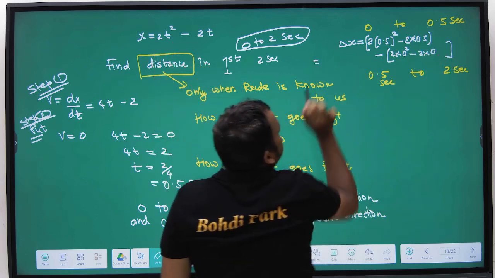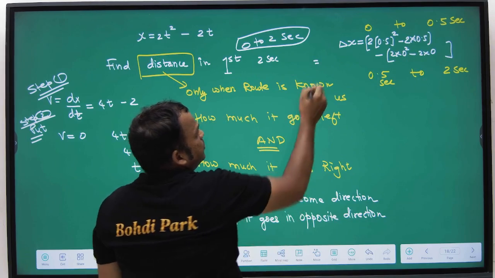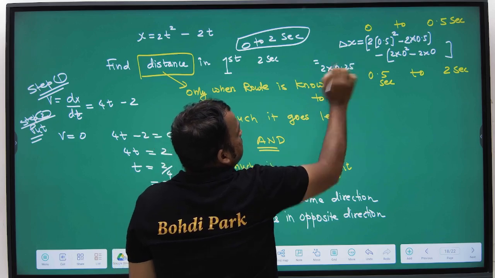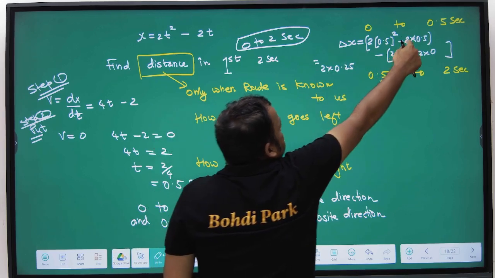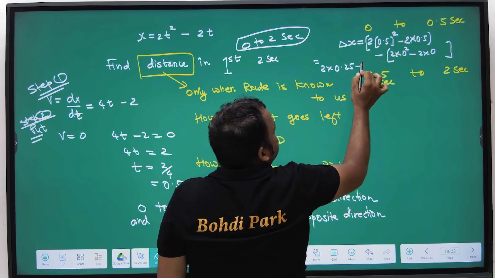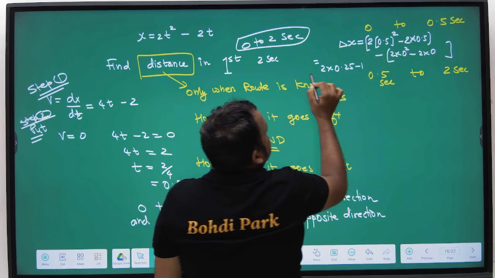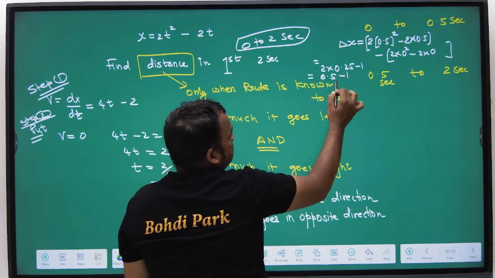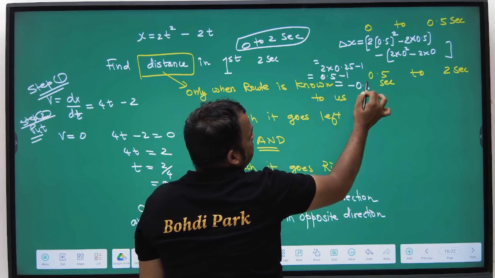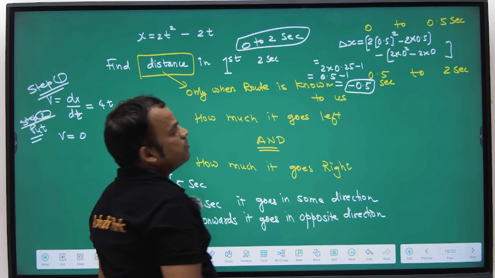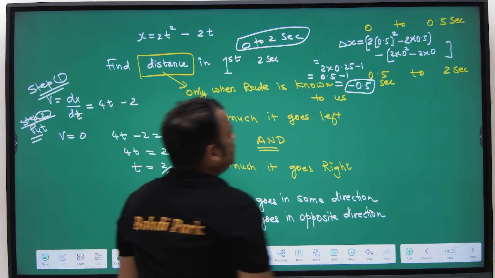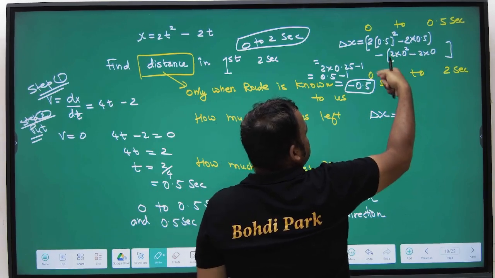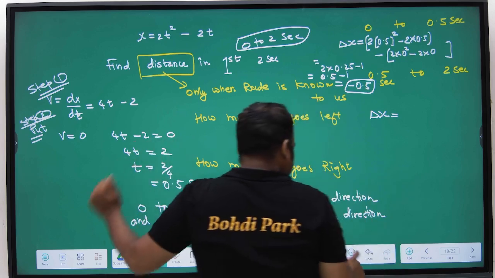So 2 into 0.25 minus 1, and the last term will be 0. So that is 0.5 minus 1, which is equal to minus 0.5.